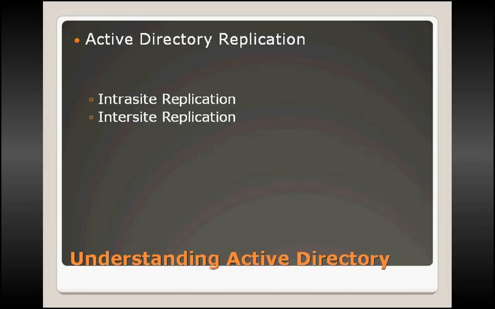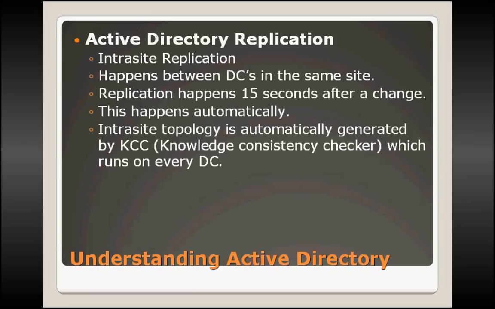You can't expect the change to be replicated across to the other server immediately. So that's the main reason for keeping 2 different replication types. Okay, so let's talk about the intra-site replication first in detail, and then we'll talk about the inter-site replication after this.